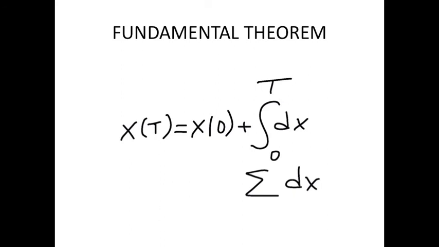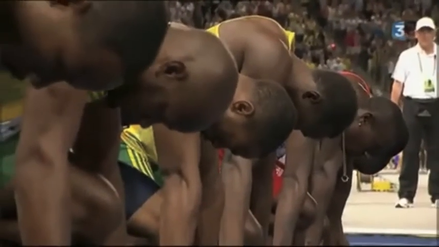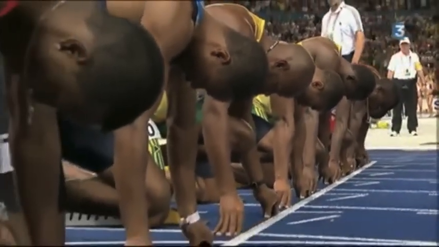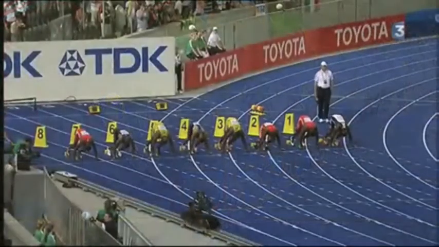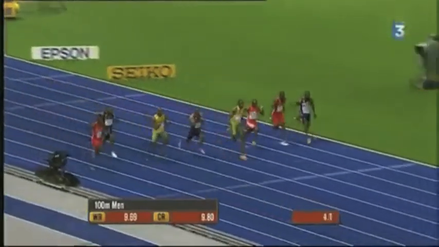One way of expressing the fundamental theorem is to say that the total traveled distance is equal to the sum of the steps taken. Here we can follow the steps of Usain Bolt when setting a new world record for the 100-meter dash. Usain Bolt won because his increments per time step were longer than the others.